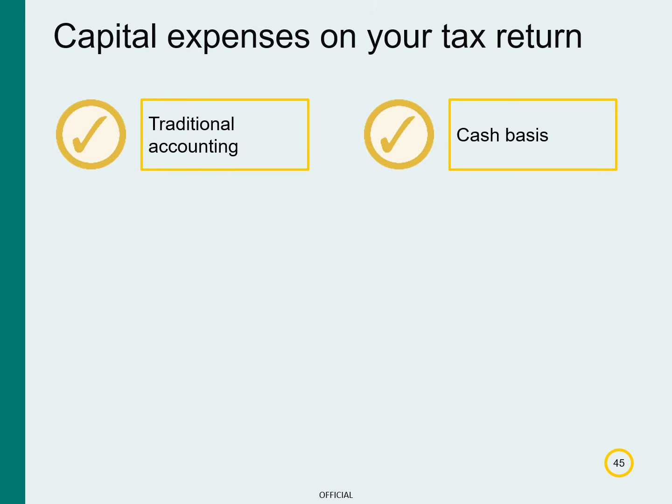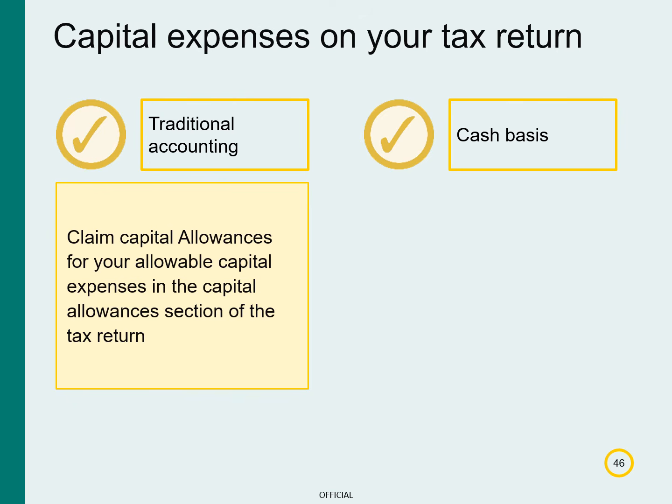How you show capital expenses on your tax return depends on whether you're using traditional accounting or cash basis. If you're using traditional accounting, allowable capital expenses are shown in the capital allowances section we'll see shortly.